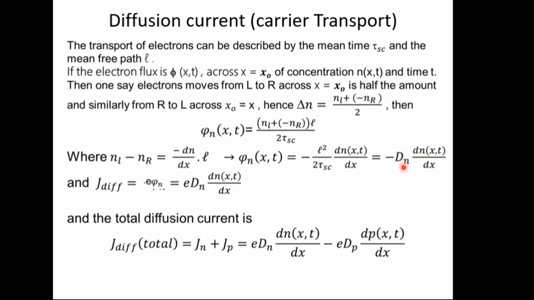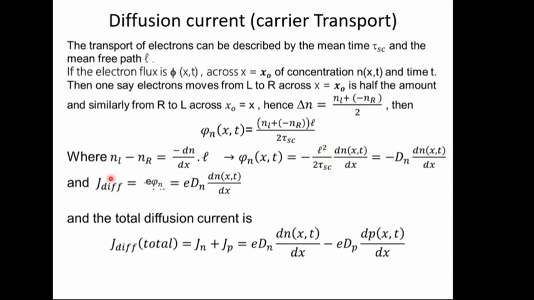This parameter D is called the diffusion coefficient, or diffusion constant, for every material. It is equal to L square over 2 tau scattering. Or we say the mean free path for a material that has a concentration crossing over in a time t is equal to the square root of D_n tau, which is L.